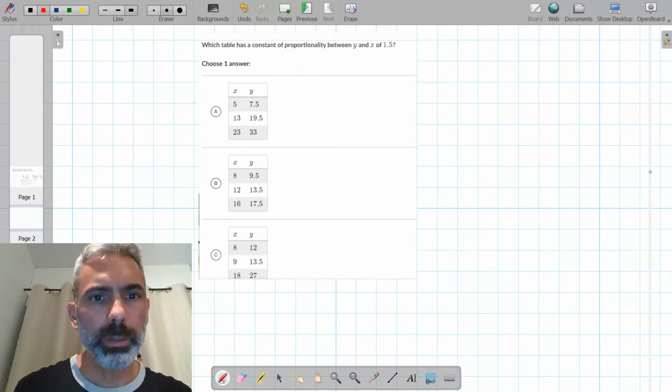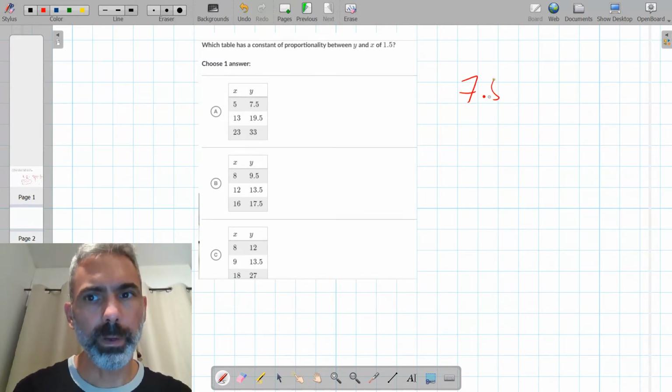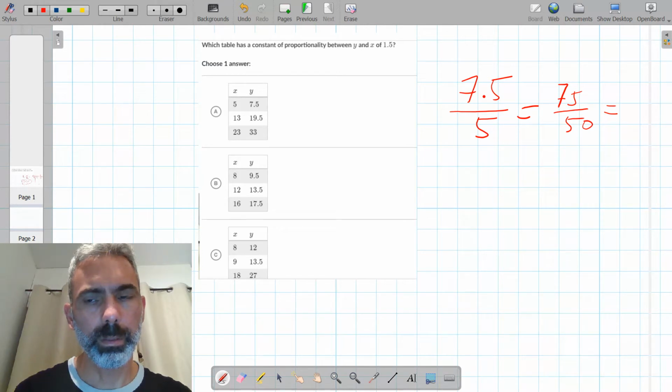Okay, so here the relationship between y and x, 7.5 divided by 5 is the same thing as 75 divided by 50, and so here the first pair is 1.5, but the second and third are not.